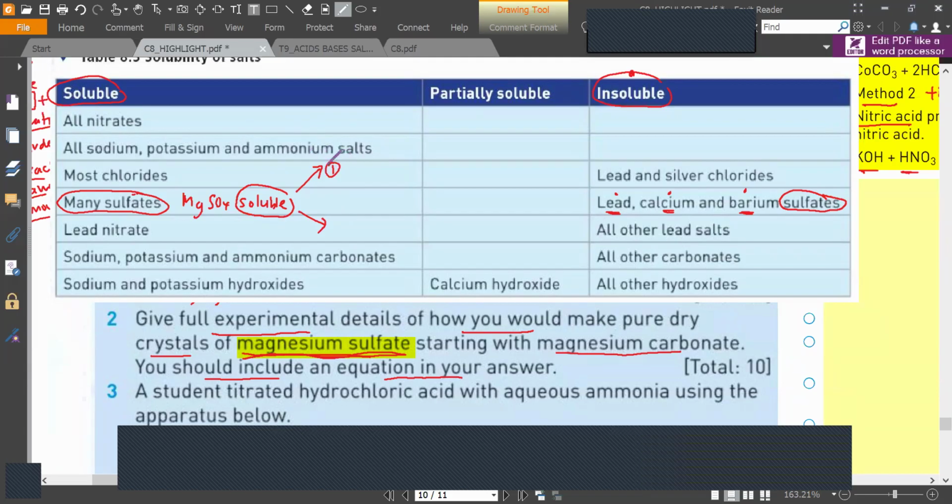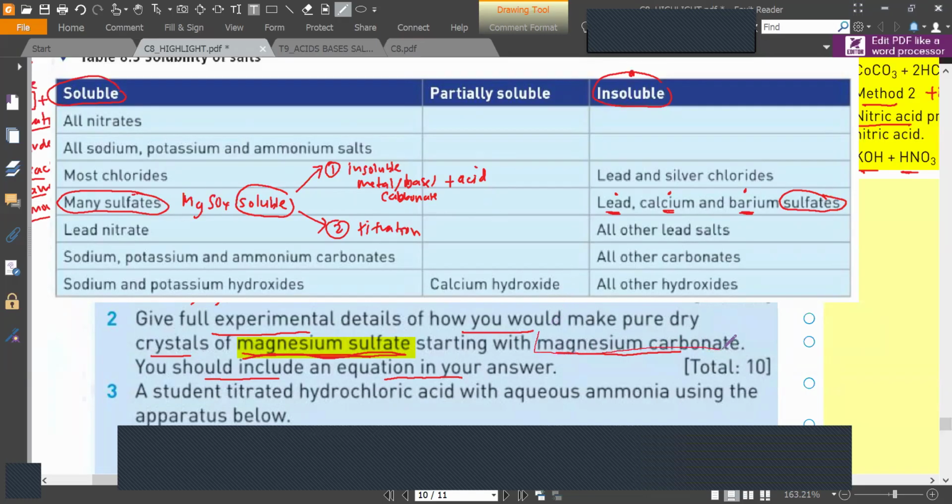Method 1 is insoluble metal, base, or carbonate plus acid. The other, method 2, is titration.